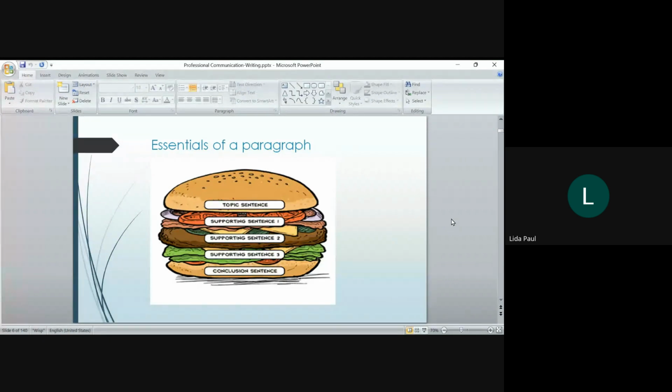Which means the supporting sentences are the most significant part in a paragraph, because this is where your topic sentence and your concluding sentence derive their importance from. Otherwise, they are just empty claims, right? This is basically what helps you develop a paragraph. What develops an idea into a paragraph-like structure is basically the supporting sentences, right?